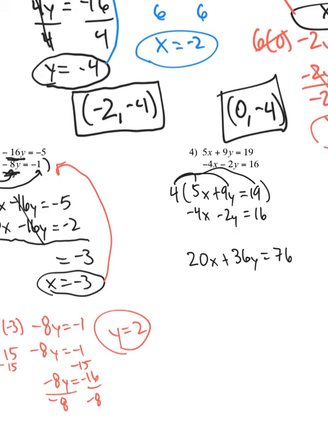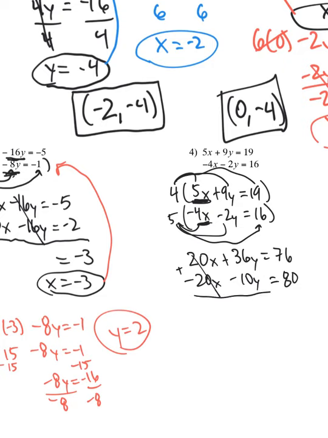All right, and so the reason I picked 4, guys, is because now if I take the bottom and multiply by 5, that's going to give me a -20x on the bottom one, and a -10y, and a positive 80. Is that right? 5 times 16? Yep. Okay, and we can add the equations together.